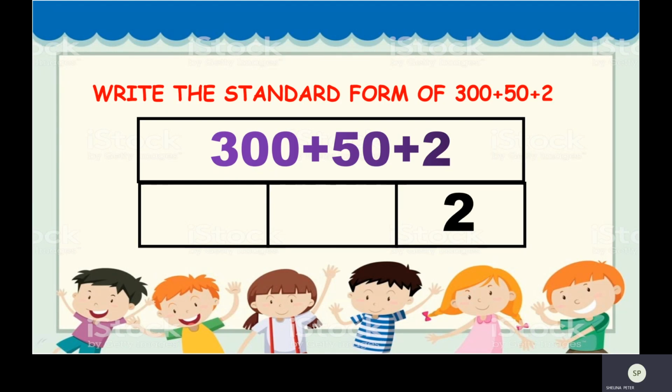Absolutely correct. Here 2 will come. And what will come here? Look at this number. Very good. 5. Now what will come here? Look at this number. 3. Well done. So the standard form of 300 plus 50 plus 2 will be 352.